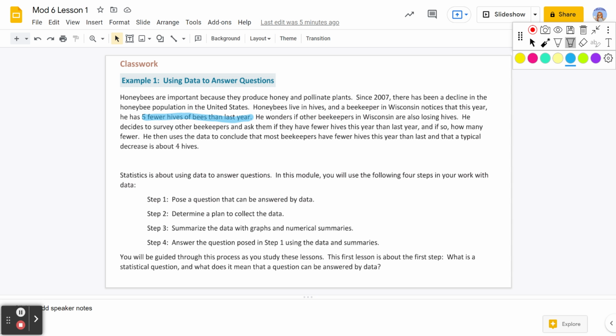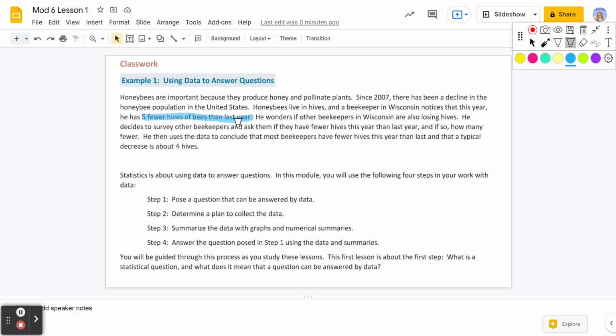He wonders if other beekeepers in Wisconsin are also losing hives. He decides to survey other beekeepers and ask them if they have fewer hives this year than last year, and if so, how many fewer. He then uses the data to conclude that most beekeepers have fewer hives this year than last, and that a typical decrease is about 4 hives.